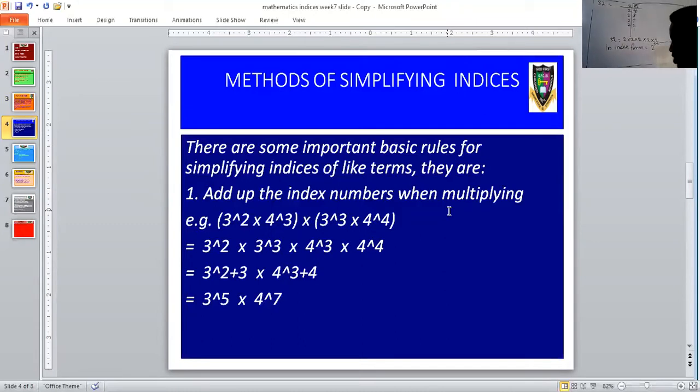Okay, let's take this example. Rule 1: add up index numbers when multiplying.